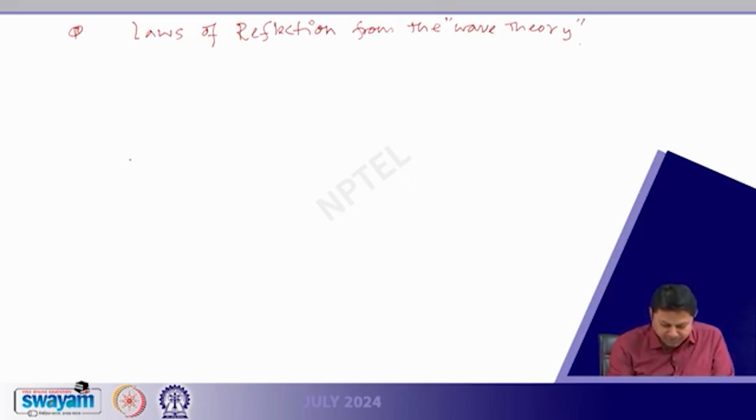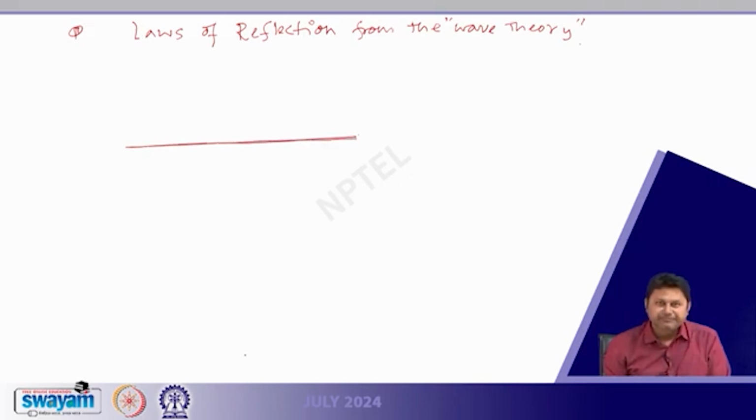So, let us draw this. This is the interface or the reflecting surface, and the light rays will fall here.